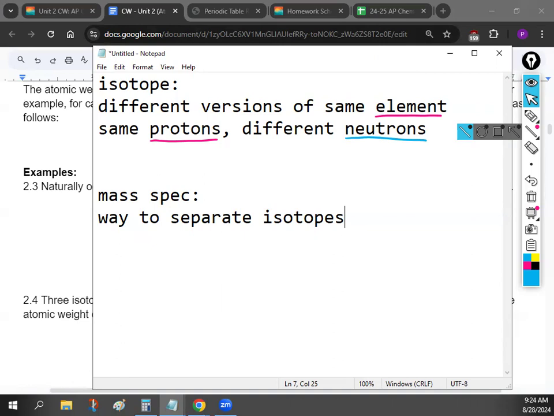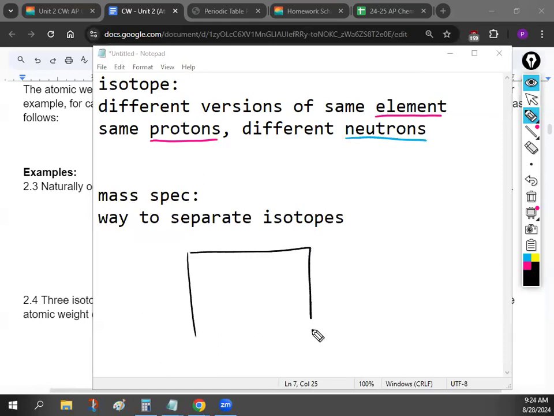It's a way to separate isotopes. Let's talk about how a mass spec device works. Let's say that we have this machine, and this is our mass spec machine.